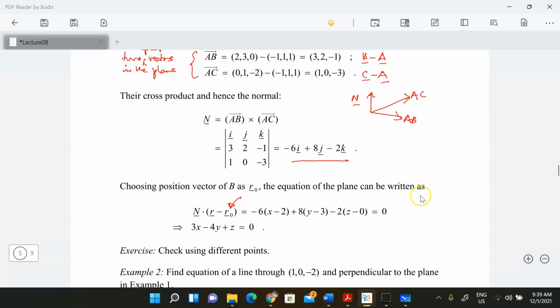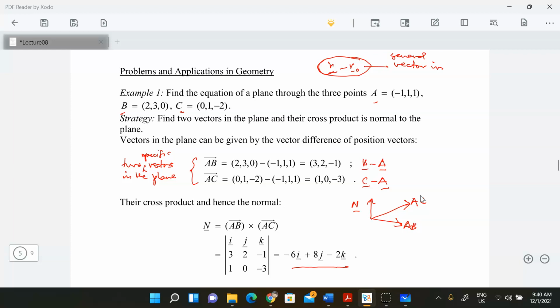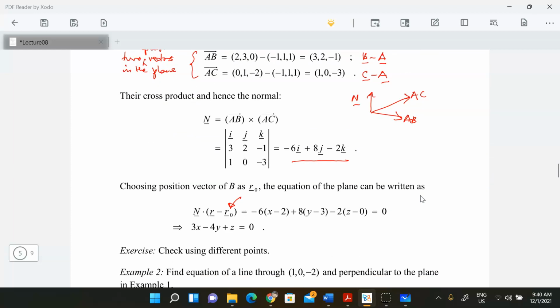So what would be r minus r naught? Well, r will be the arbitrary position vector. R naught can be any vector. So we have three possibilities over here. I can use this position vector, I can use this position vector, or I can use this position. So in this example, what did I do?